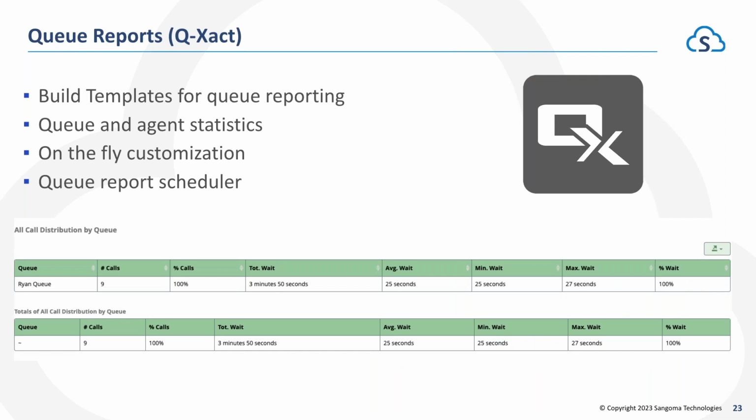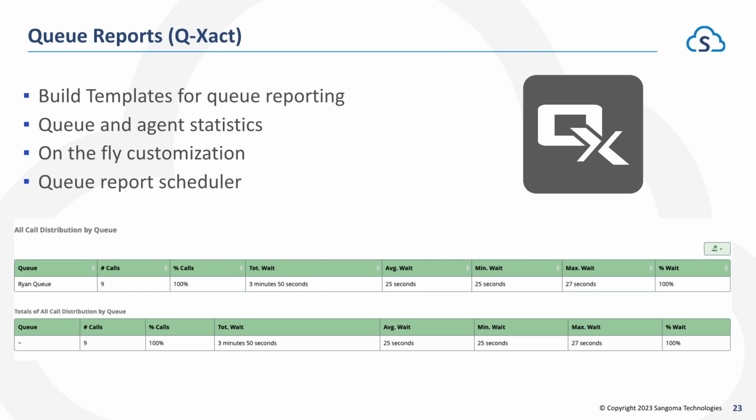Queue reports: if you have a call center, or if you're just utilizing call queues and you want the ability to get some reporting and statistics on those queues, things like how many calls did this particular agent take that day, what's our average wait time, hold time, how many calls came into this queue, you have the ability to build those templates out exactly how you want to report on them.